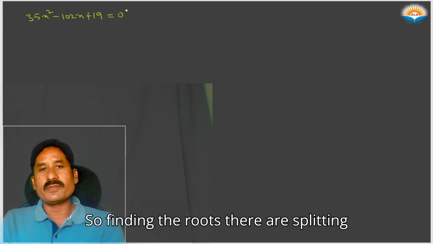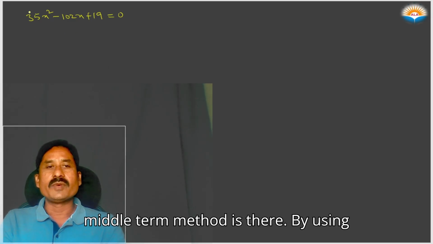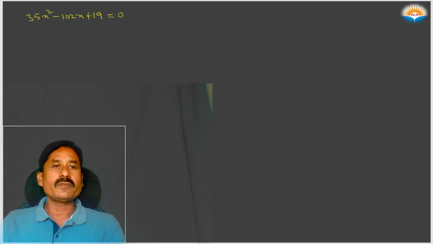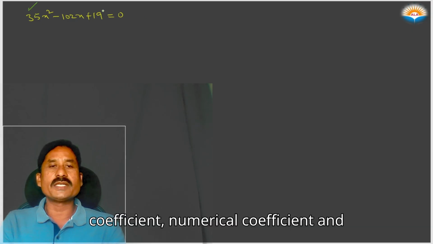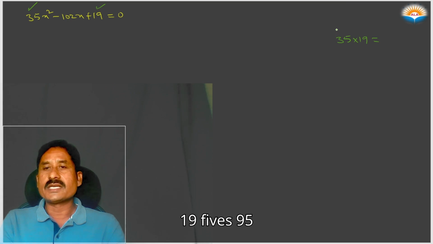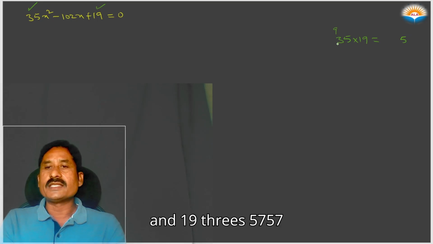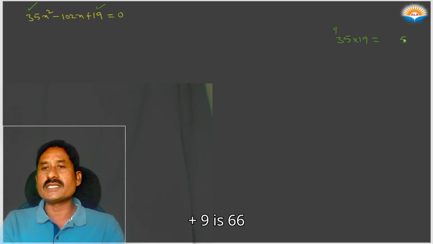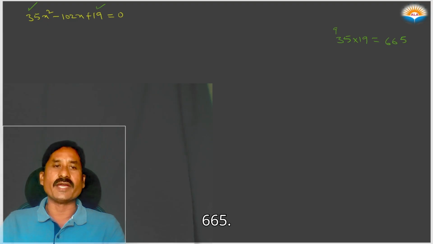So to find the roots, there is the splitting middle term method. By using that method, first of all we multiply the x square numerical coefficient and the constant term, that is 35 multiplied by 19. 35 multiplied by 19 is 665.